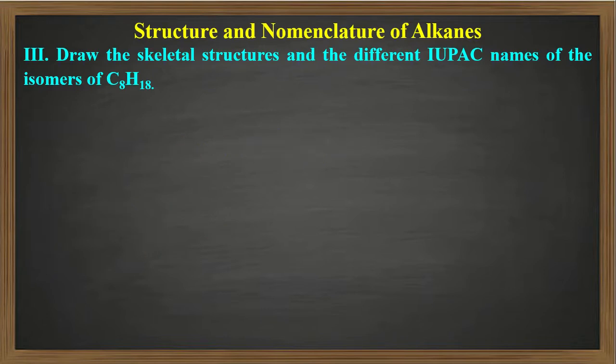And another isomer for this is 2,2-dimethyl. Okay, there are two methyls, dimethyl. So for 8 carbons, this will be hexane. Two plus hexane, that will be 8. So 2, 3, 4, 5, 6.